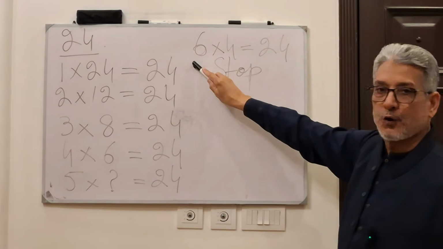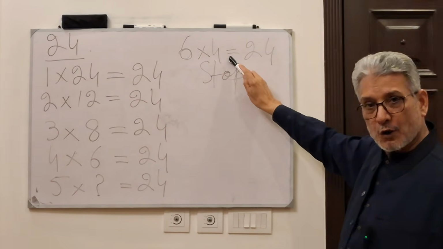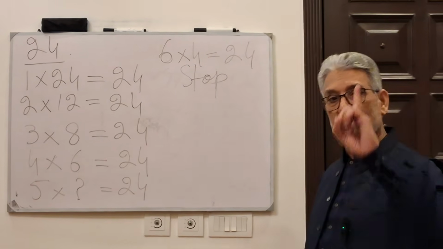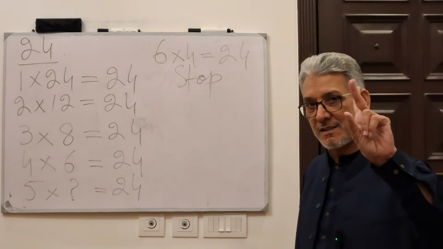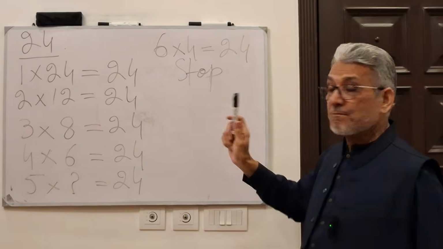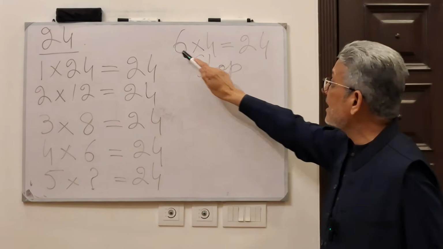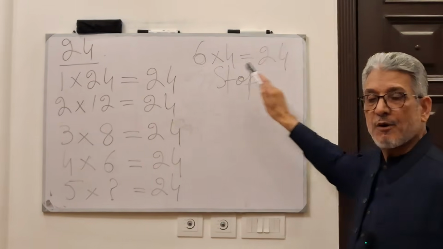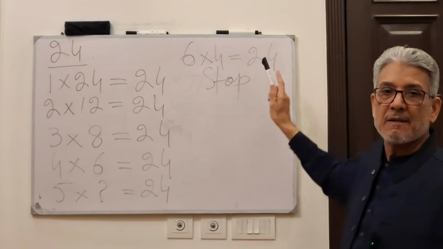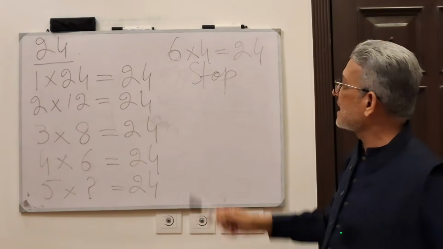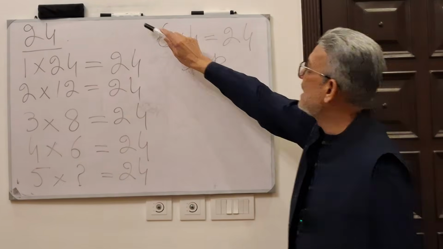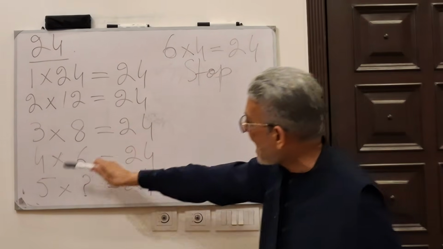If the first number is 4 and the second number is also 4, you will include only one 4, not two 4s. When the second number is equal to the first number, you will include one of the numbers of this pair, one 4. But if the second number is smaller, you will not include this pair. This pair is already there.